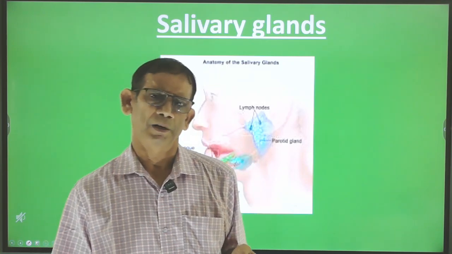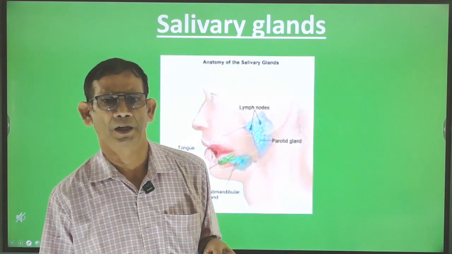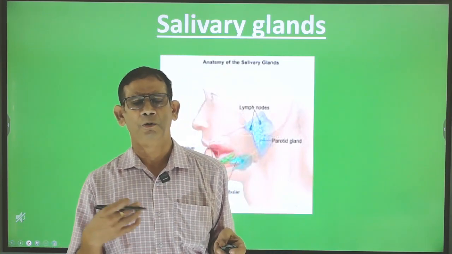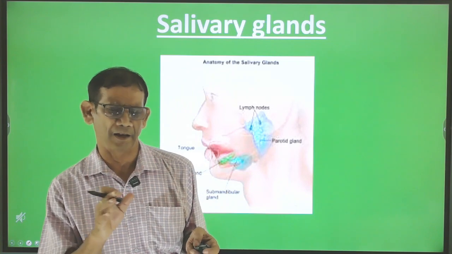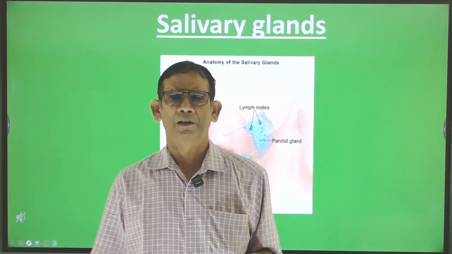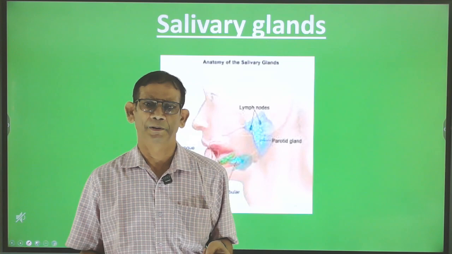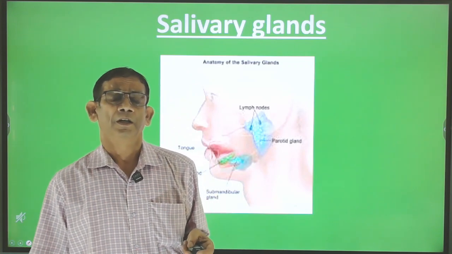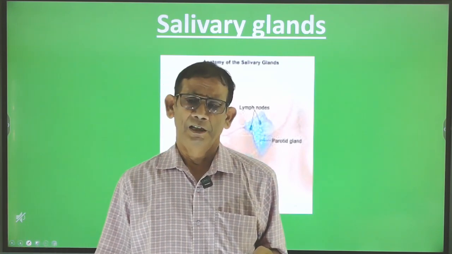So in the mouth, two types of digestion occur. One is carbohydrate digestion by all the salivary glands except von Ebner's glands, and only von Ebner's gland helps in the digestion of fatty materials or lipid molecules.